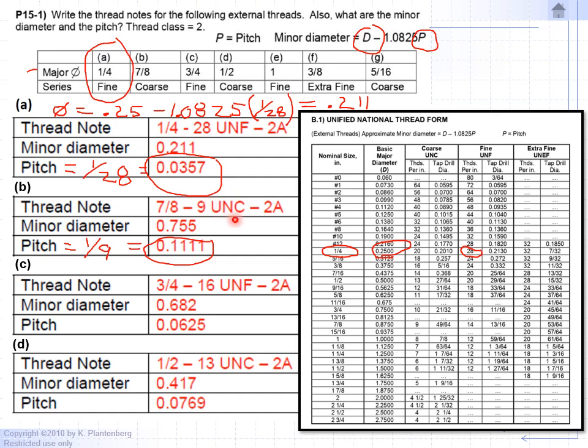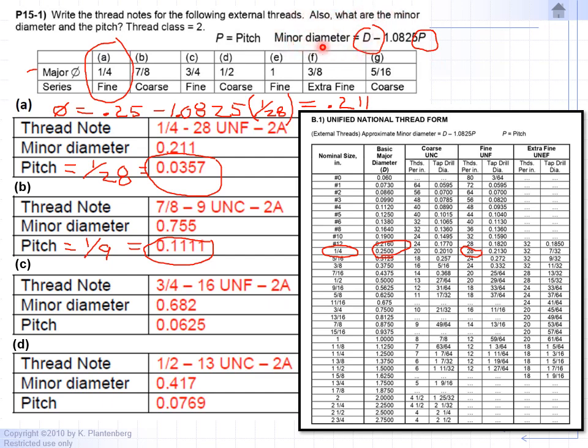And UNC stands for United National Coarse Thread. And the dash 2A, okay, so the 2 tells us we have a thread class of 2. And the A tells us we have external threads, right? Okay, so threads on a shaft. All right, so to calculate the minor diameter, we're going to once again use our formula.